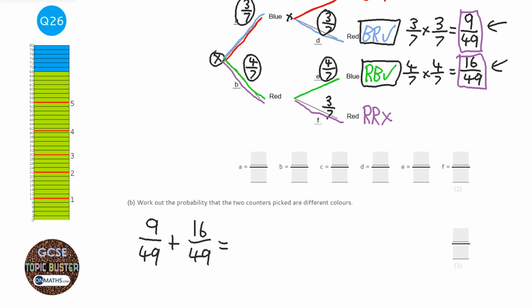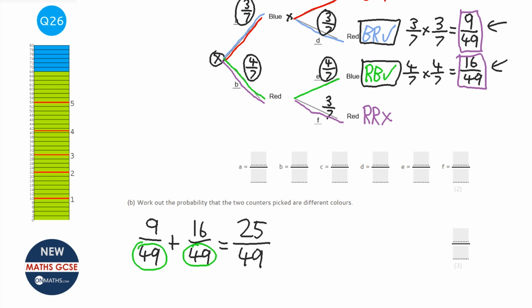Now, the beauty of this is normally you're going to end up with lovely denominators that are the same. And when the denominators are the same, all you need to do is add the numerators. So 9 plus 16 is 25, and the bottom stays the same. So it's 25 over 49.